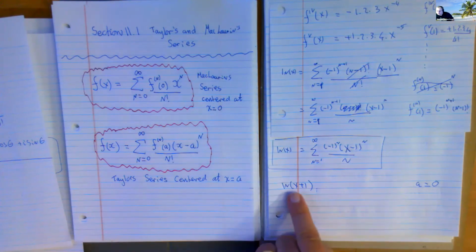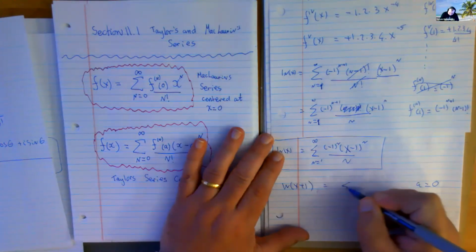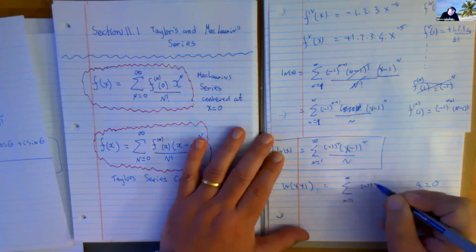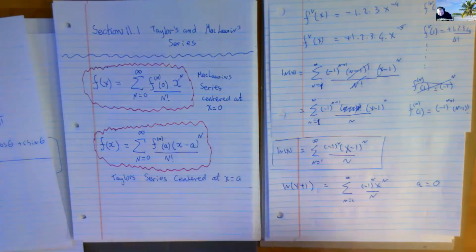So what they did is, to avoid the 1 over 0 issues and the log of 0 issues, we find the power series of this guy. And if you find the power series of this guy, it looks like that.